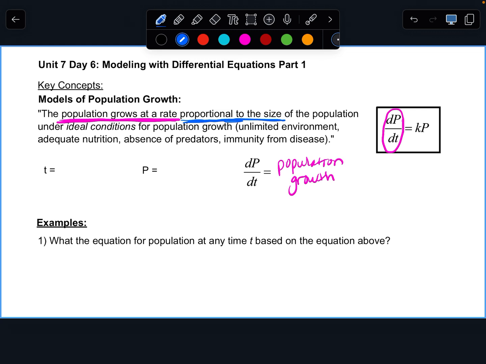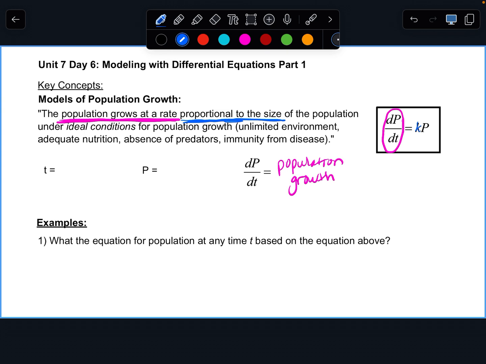Proportional to the size of the population. So for example, say you've got a bunch of bunnies or you've got your fruit flies. Basically, the more bunnies you have, the more fruit flies, the more people, the more babies there are going to be.